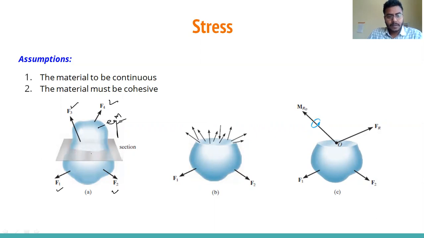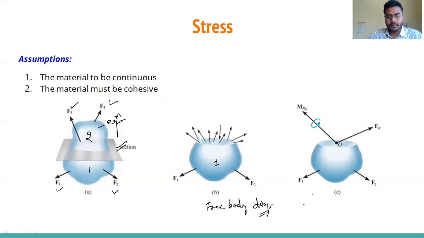To get that, we cut this section into two parts. This is the first part, this is the second part. In figure B, we have drawn a free body diagram. You can see F1, F2, and we have cut the section from this portion. These are the distribution of all the forces.